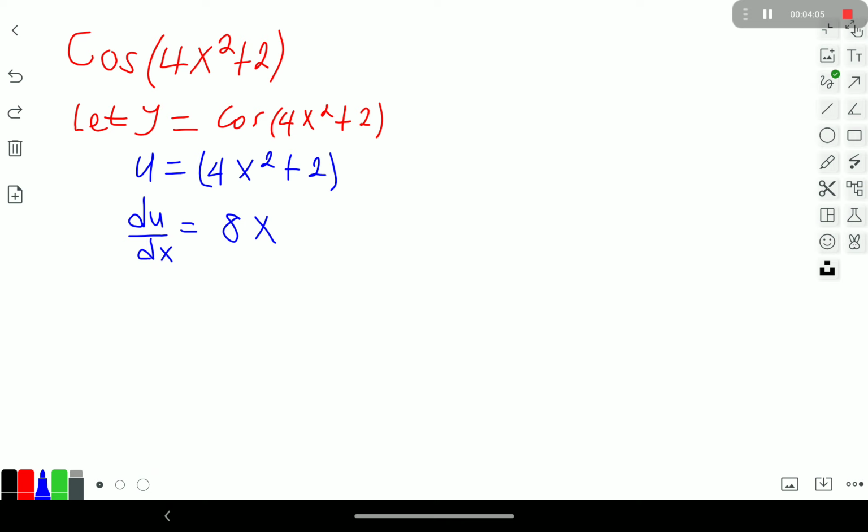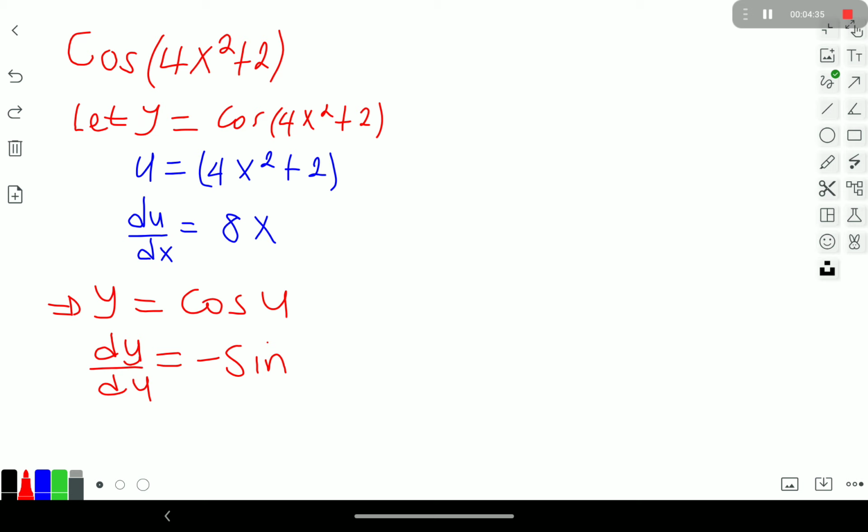Now also we differentiate y in terms of u. We find that our y will be equivalent to cos u, instead of 4x squared plus 2 we write u, and then if we differentiate this, dy/du will be equivalent to, if we differentiate cos we get minus sin, so we shall get minus sin u.